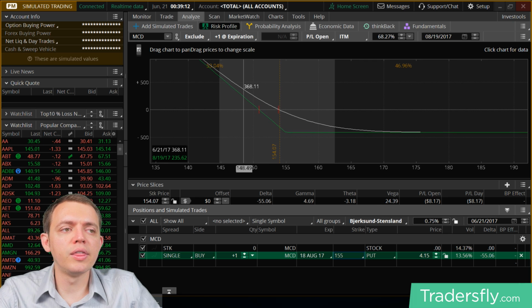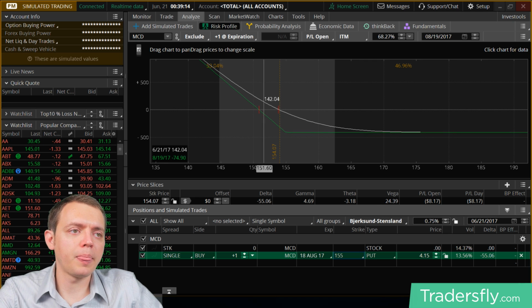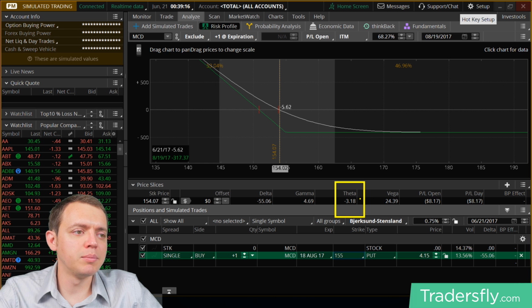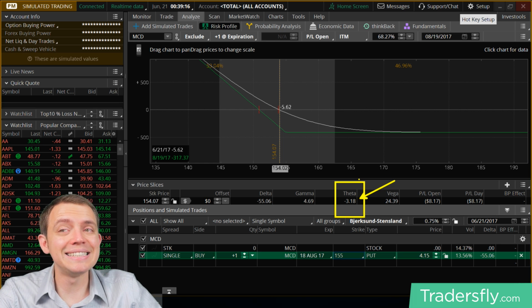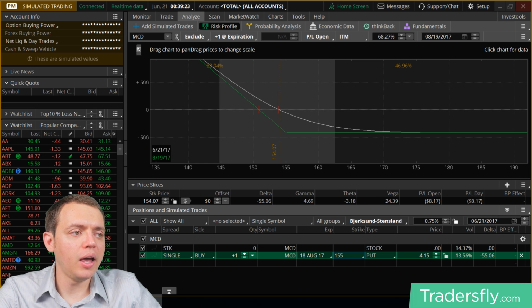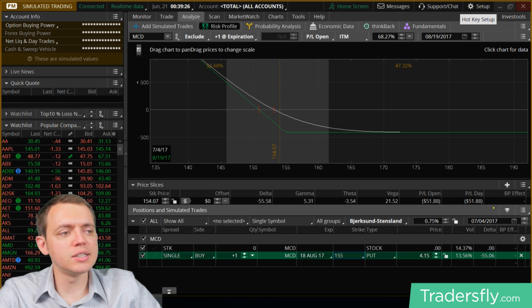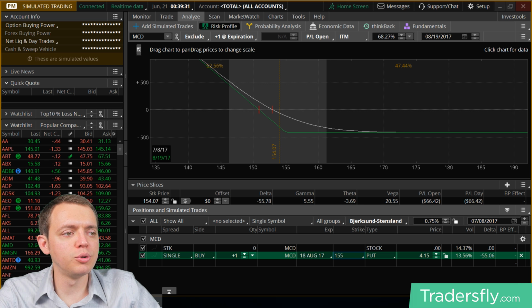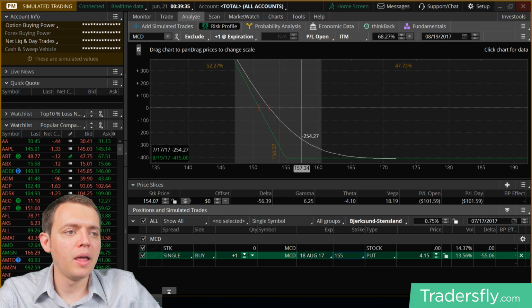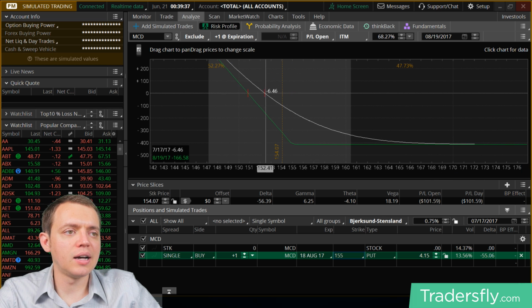The problem with this is if you're buying a put, right? So take a look at buying a put. If this stock stands still, I'm losing $3.18 every single time. And with time continuing to move forward, you can see the losses here continue to add up, right? As I continue to move the time and date forward, I continue to lose more and more money. Basically, I need this stock to move.